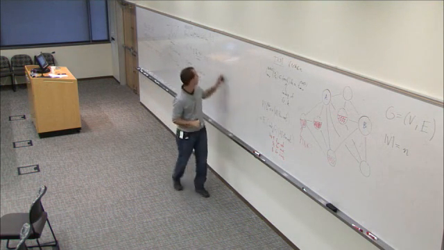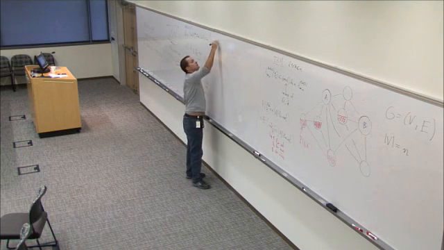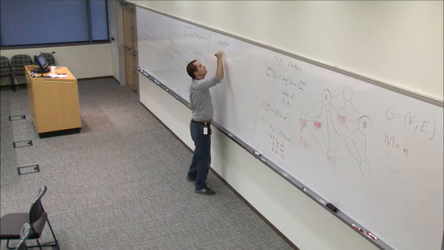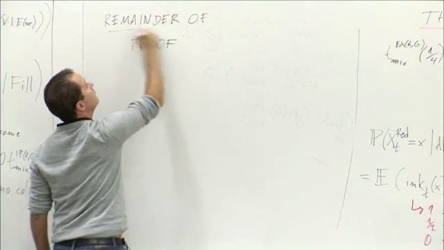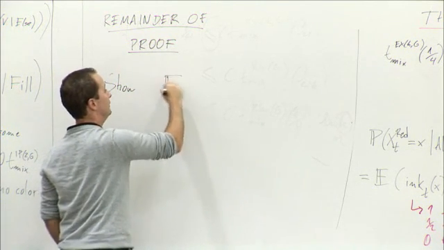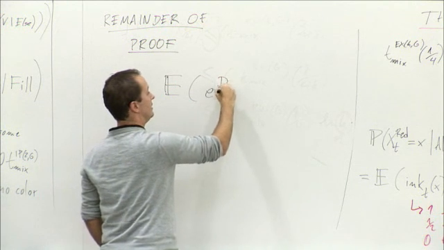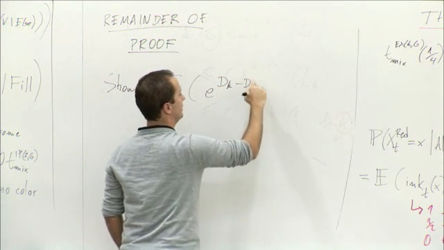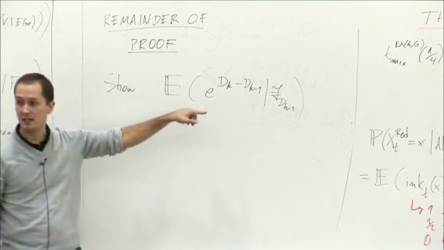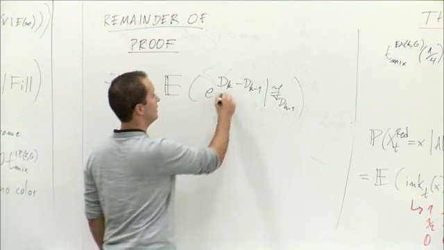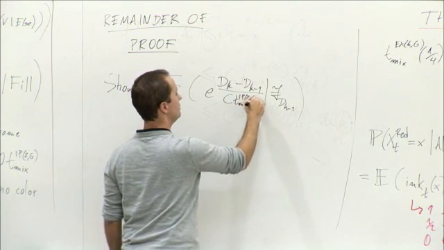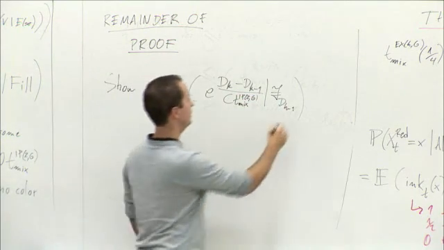It's to show something like this. I'm going to be a bit technical here, but if you take any conditioning, anything on what happens up to depinking time k minus 1, you want to know that this thing here, divided by some constant T mix of IP2G, which I already said is of the order of the ordinary mixing time, is less than some constant.